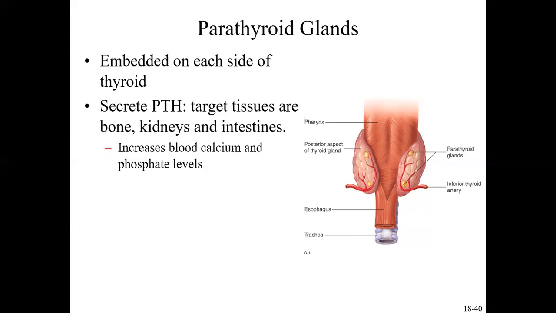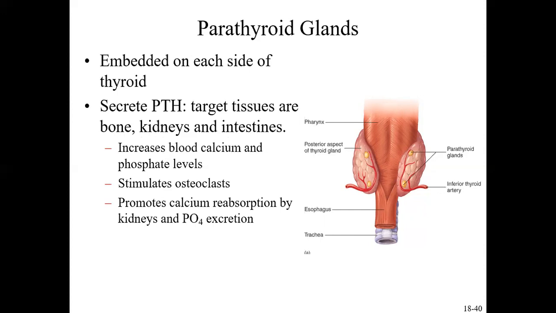Now, it does this by targeting a couple of different tissues. Parathyroid hormone targets tissues of the bone, kidneys and intestines. By stimulating the osteoclasts, helping to speed up the osteoclasts, that helps to remove some of the calcium from the bone matrix and put it back into the bloodstream.